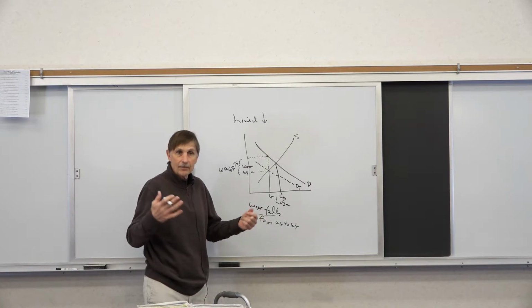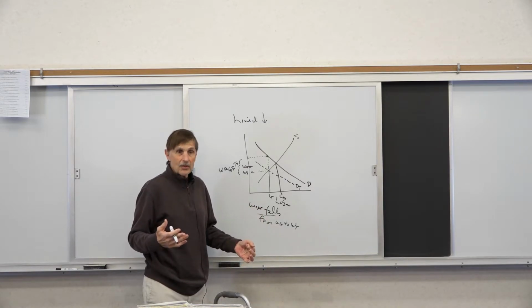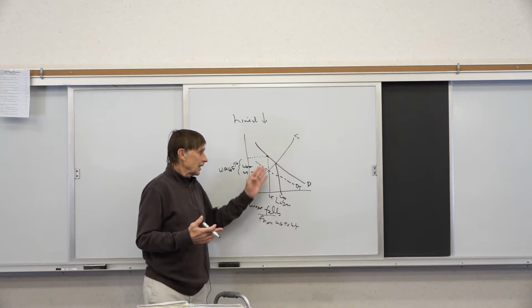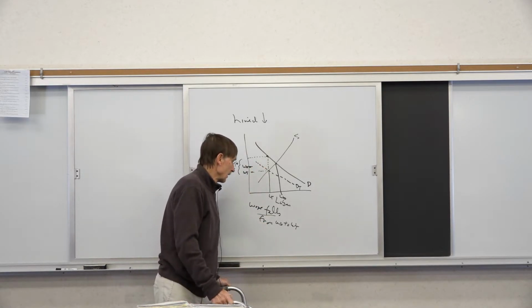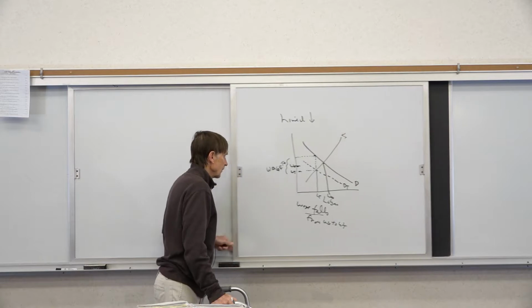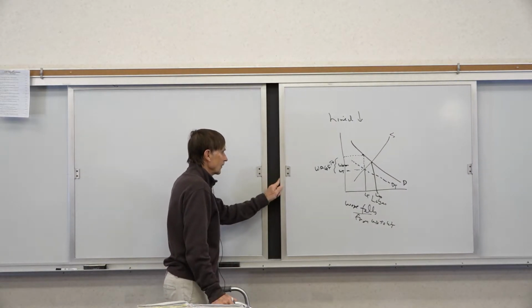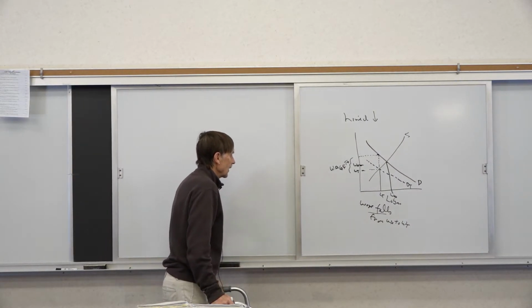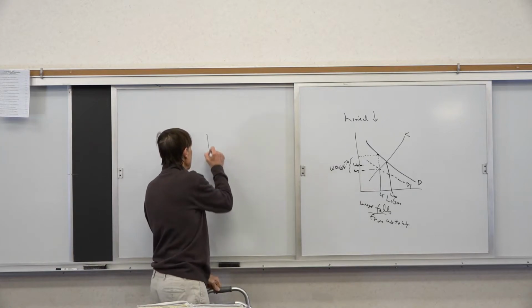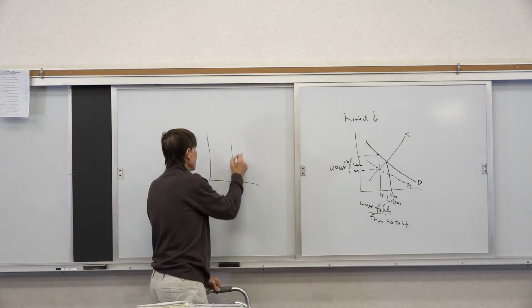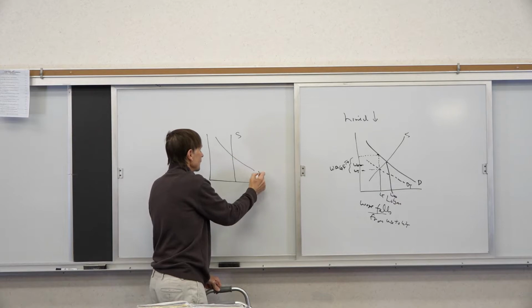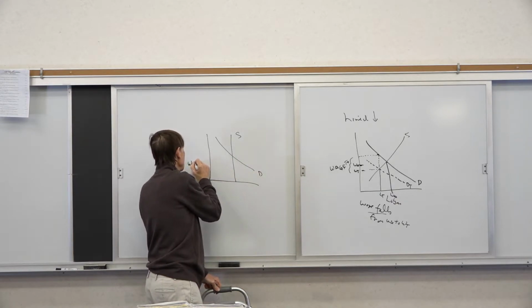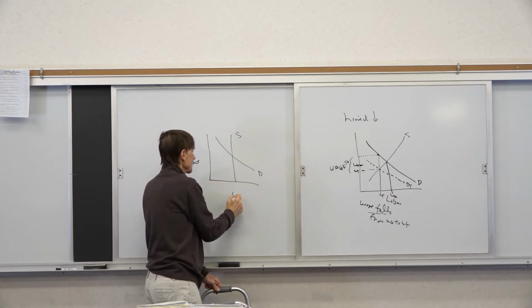I mean, it's just the same thing that we've been doing over and over again. So if we had a perfectly inelastic supply of labor, right? There'd be the demand, there's wage, there's labor.